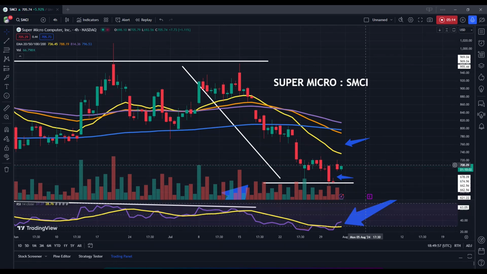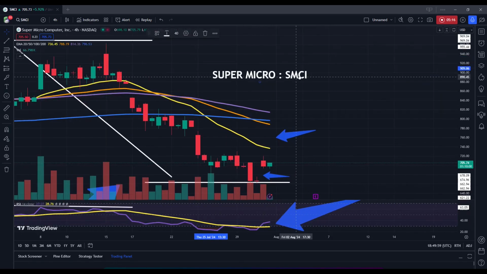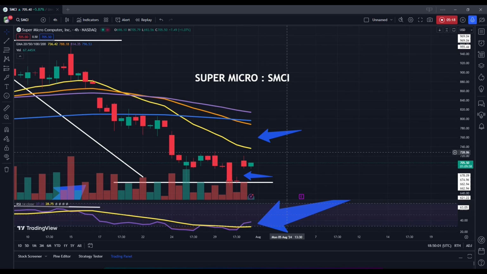Price levels to the top side that we do need to be watching currently: the next level to the top side for SMCI comes in at 730. Possibly you can call that a bit above there, maybe 730.30. And on the 4-hour chart, we can see here that the 20-period exponential moving average is quickly descending into this area.